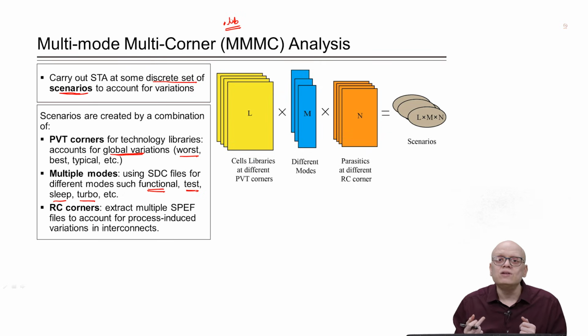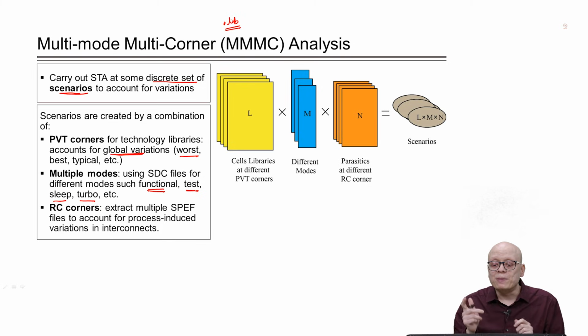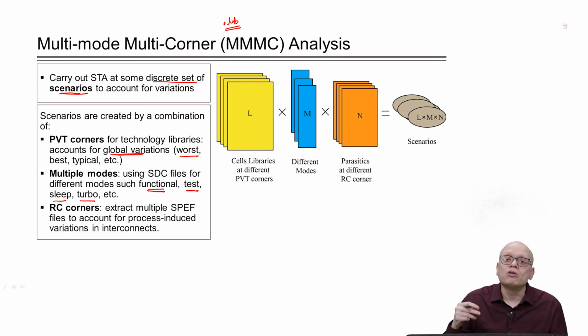And then the third one is the RC corners. In the last lecture we saw that the interconnect parasitics are important for computing the delay of a stage, and those parasitics are extracted using a tool which is known as a parasitic extraction tool. Now, the characteristics of these parasitics, for example of a metal wire, are very much dependent on how it is fabricated.